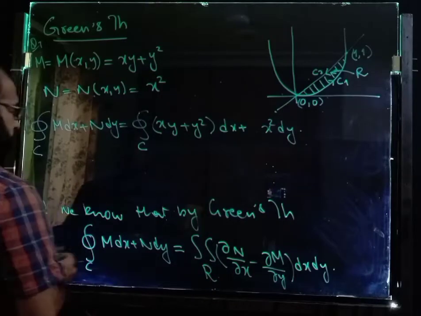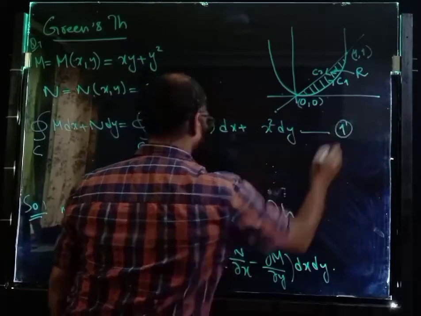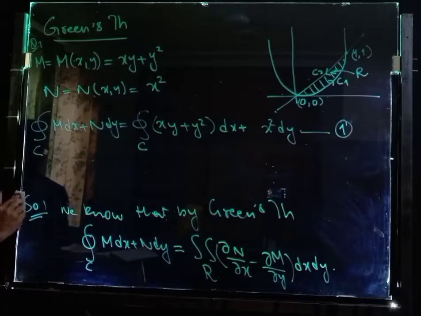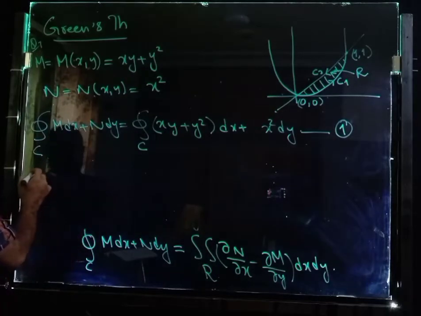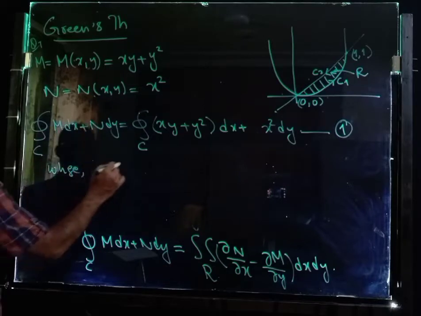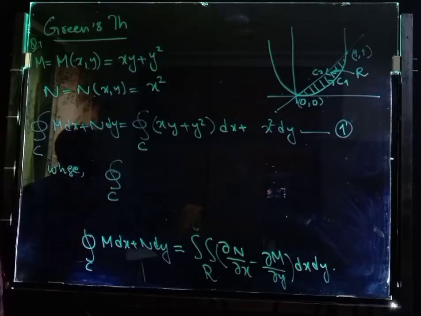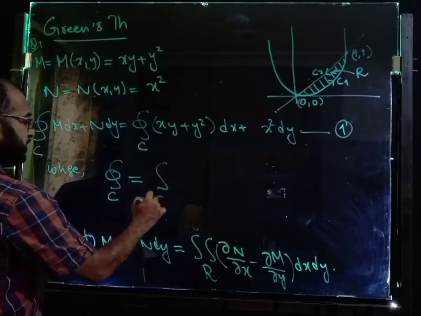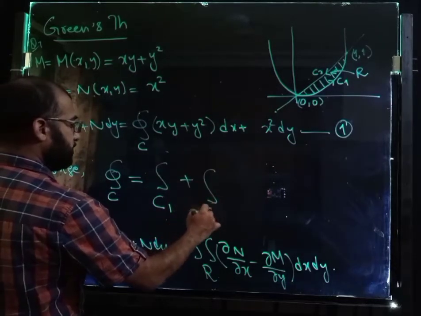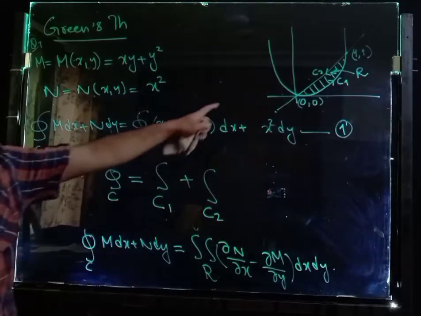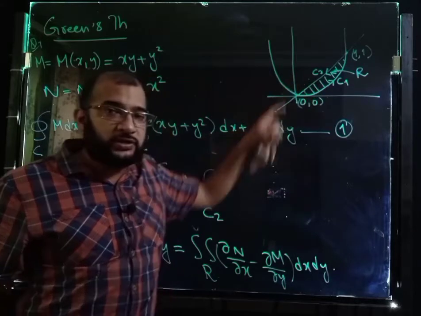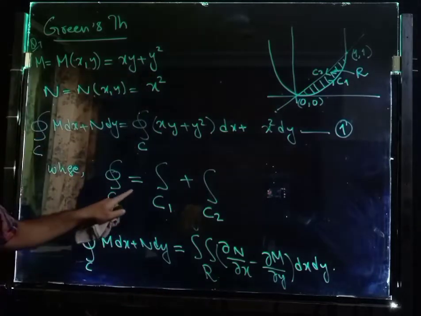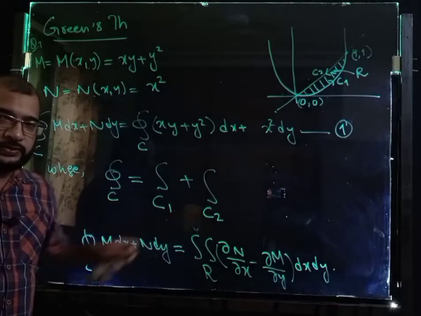So we know, let's say this is 1, where the integration along the closed curve C is defined as the integration separately along C1 and C2, because the closed curve C is obtained by the joining of the two curves C1 and C2. So I split my integration along C1 and C2.